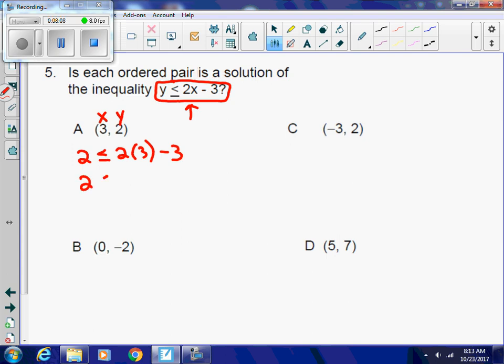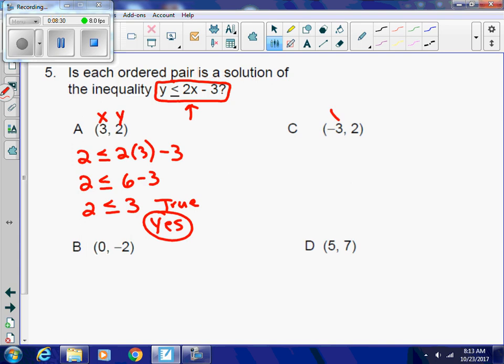So let's see, you have to see if it is true here. We've got 6 minus 3. 2 less than or equal to 3. Is 2 less than or equal to 3? Yes, it is. This is true. So the answer to this is yes. So this is what I'm circling, yes, because that's my answer. If it's true, it's yes.